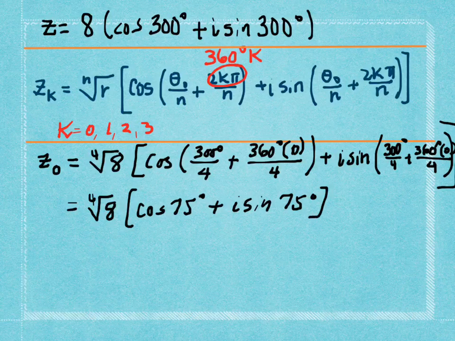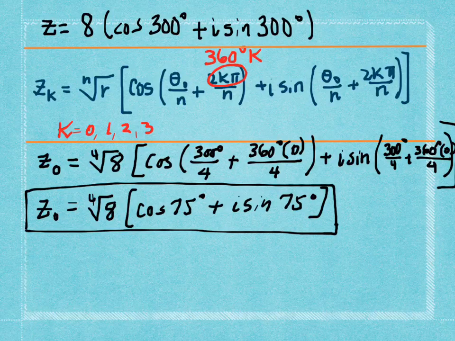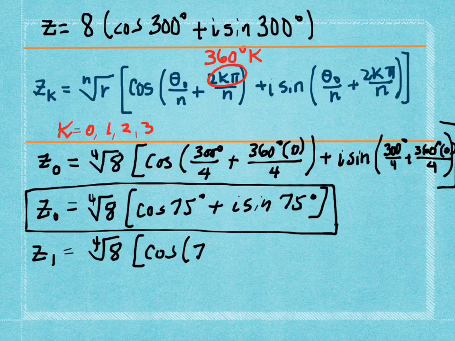So we're going to use this sort of formula approach one more time before we talk about what's really happening between the different roots that we're finding. All right, so let's find z1 next. So my formula starts out the same, 4th root of 8, and it starts out the same again, cosine of the 300 divided by 4. So I'm going to actually write that as 75.